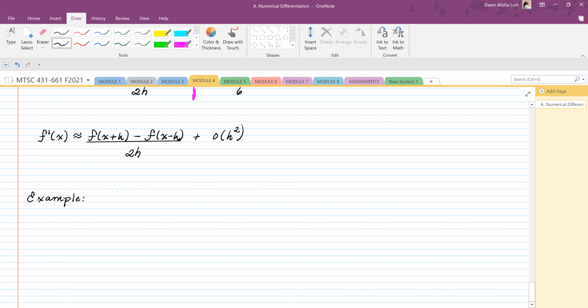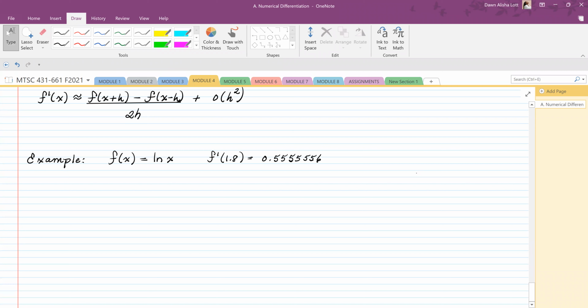Okay, so let's go back to f of x equal log of x again. And so now we're still trying to find f prime of 1.8, and it is 0.5555. I'm going to go out further only because I need you to see the error.